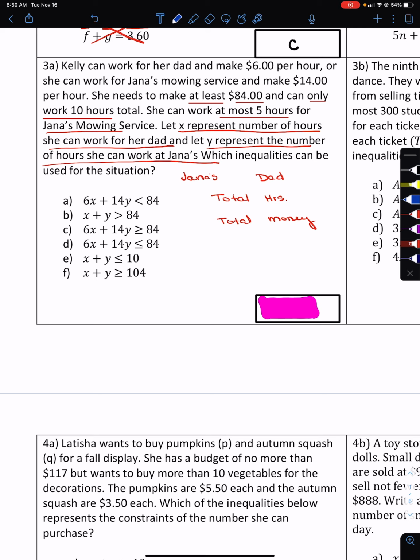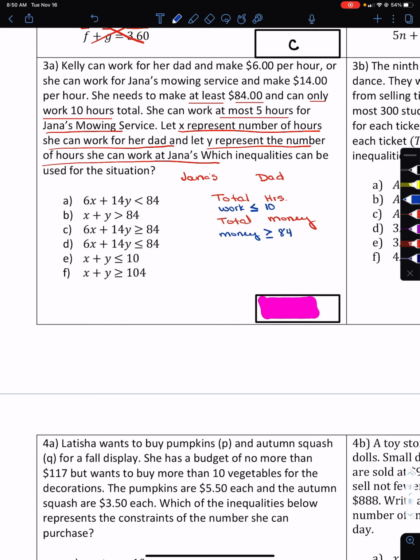Total hours, she can work only 10 hours. So whatever she works has to be less than, or it can be equal to 10 hours. Okay. She needs to make at least $84. So she wants the money to be greater than or equal to $84. She doesn't want to have less than $84.